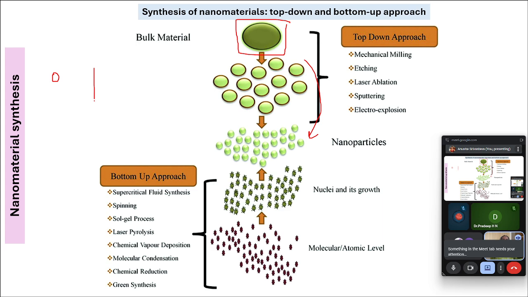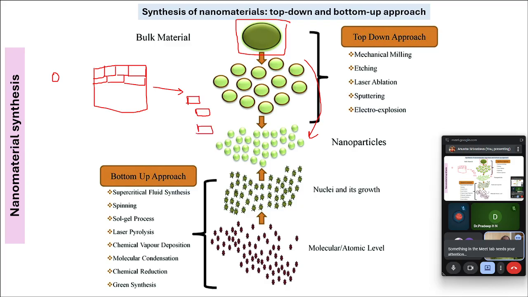Suppose you can visualize it: you have a wall that has been made of different bricks. This is the top-down approach. Now you want to obtain single bricks. You break the wall, and then you have these single bricks.